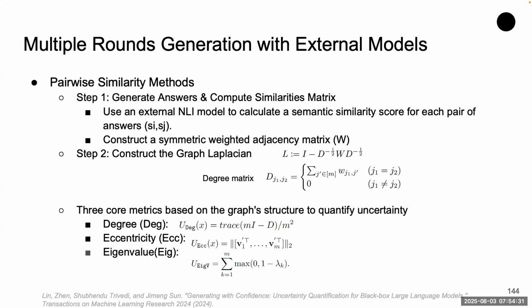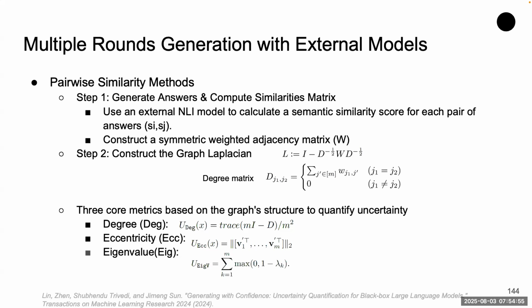So firstly, like I said, they still need to generate the answers, and the reason why they fall into this category of methods, external model, is because you're using an online model to calculate the semantic similarity for each pair of the generated answers. Then they calculate a semantic weighted adjacency matrix.